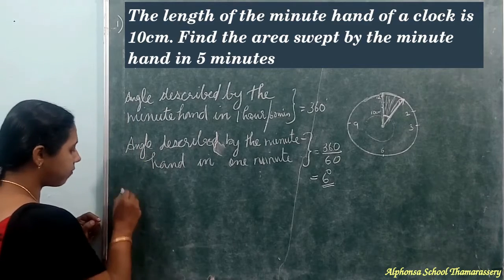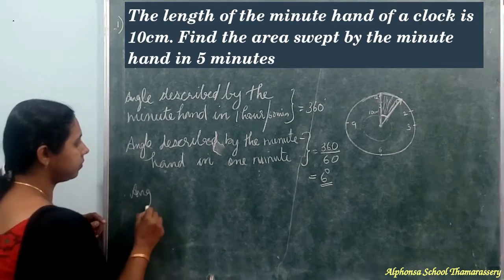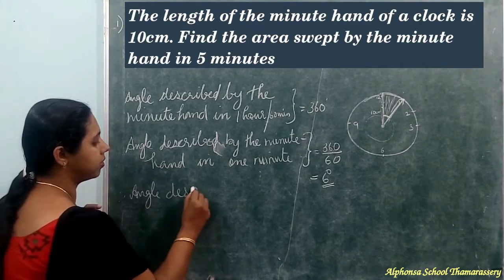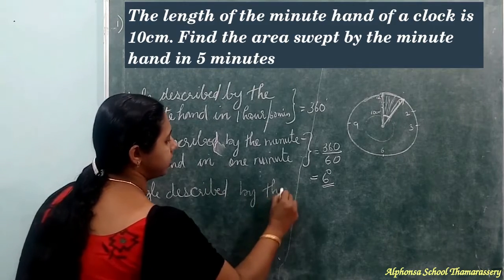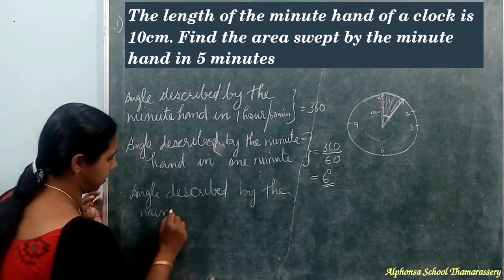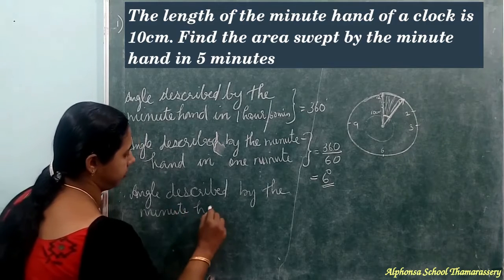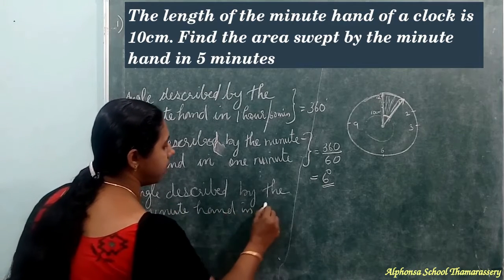Therefore, what is the angle described by the minute hand in 5 minutes?